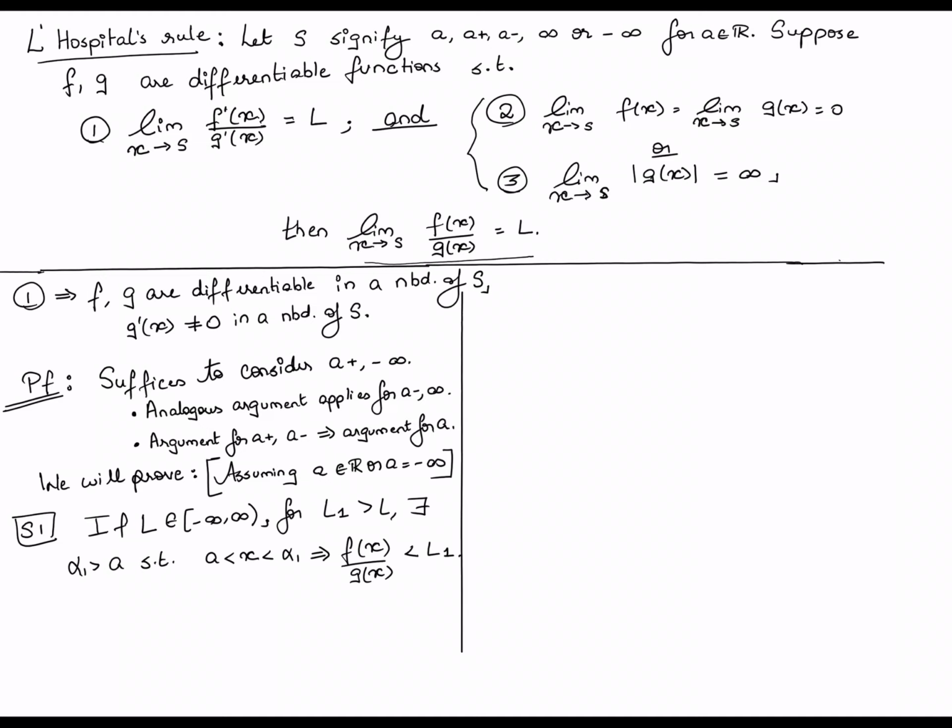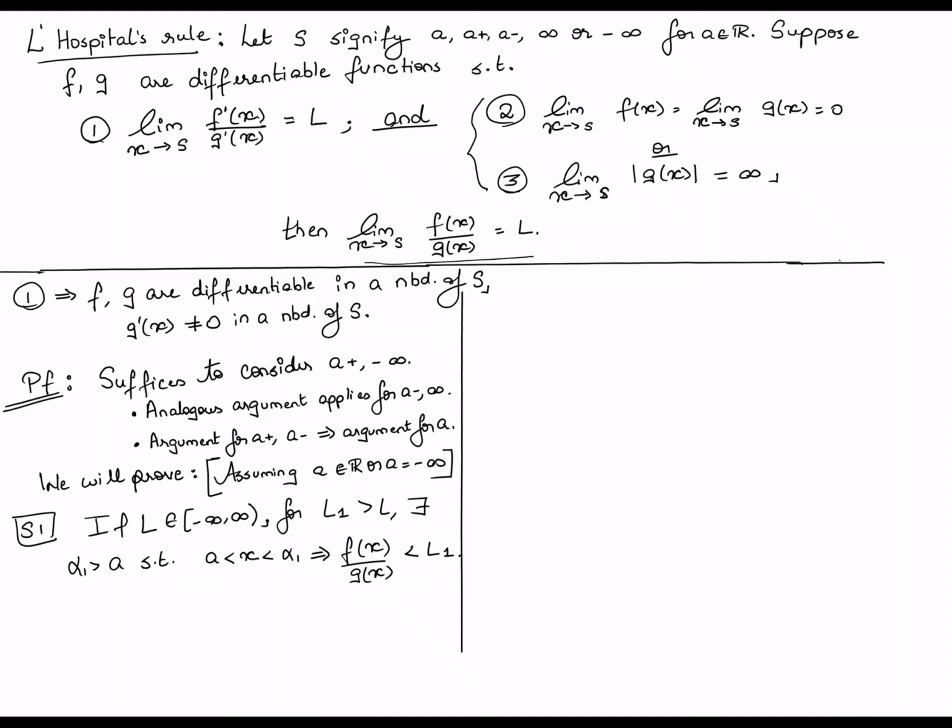That is, if you pick any L1 which is larger than L, then there exists some alpha 1 such that if you are sandwiched between a and alpha 1, then f of x by g of x is less than L1. In other words, being sufficiently close to a from the right will imply that f of x by g of x is less than your upper bound. Right? So this is one of the statements required in order to prove the result.